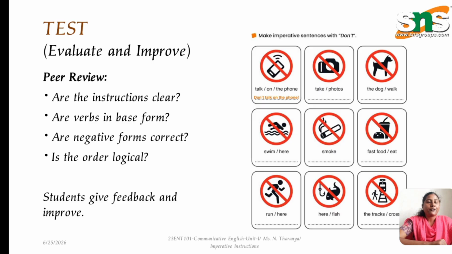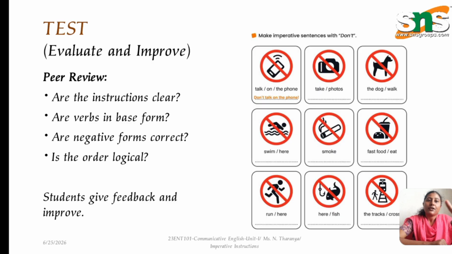Next, when we are going to any scenic spot or a zoo, it is often instructed: don't take photos of animals, don't feed the animals. Those kinds of instructions are common. All these instructions are seen in everyday spaces, in our surroundings, so it is easy for students to observe how they are used.